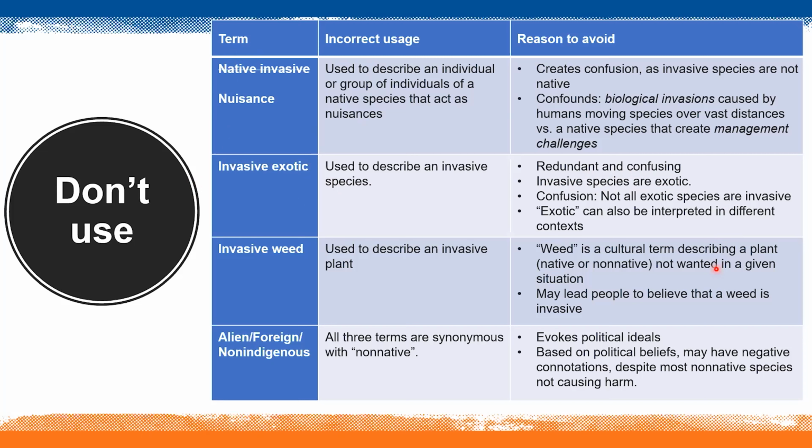Now you start talking to stakeholders and they're wondering, oh, it's exotic, it must be bad. Despite, again, most exotic species not really being problematic at all, right? And in fact, a lot of them benefiting us. Also, exotic can be perceived in a different context, something fancy as opposed to something that's just not from a geographic area. So in this instance, we just say, keep it simple and call it invasive.